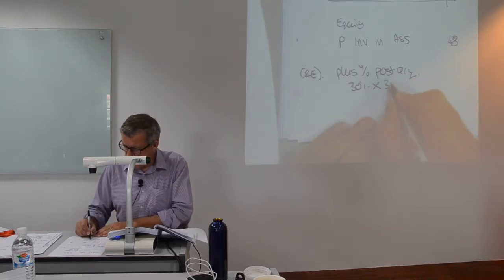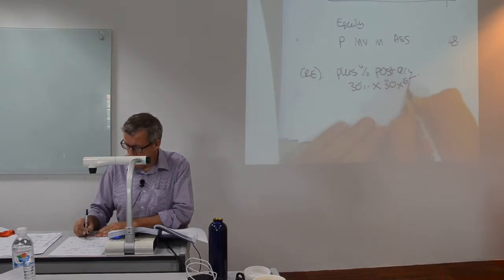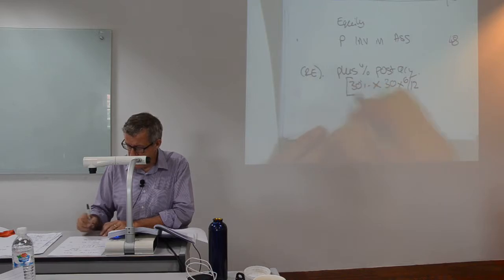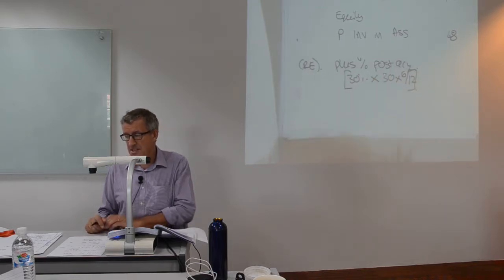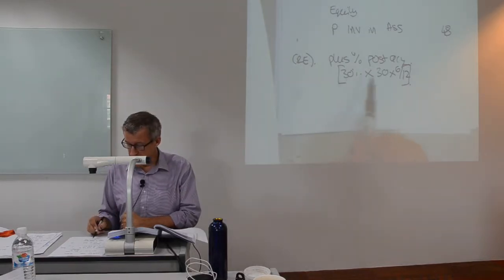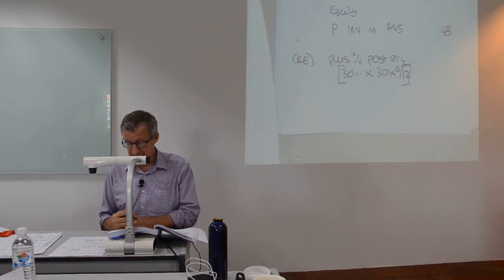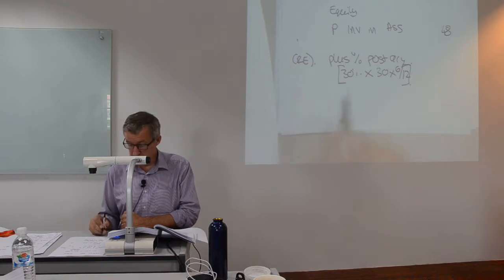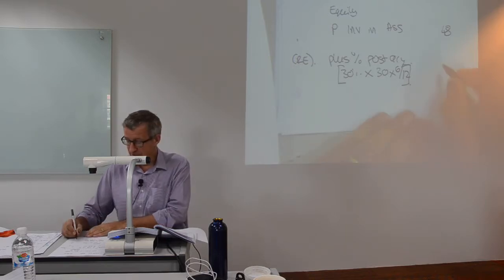But that 30, time apportion that 30, is effectively only there for 6 months. So 30% of 30 is 9. 6/12 of 9 is 4.5.